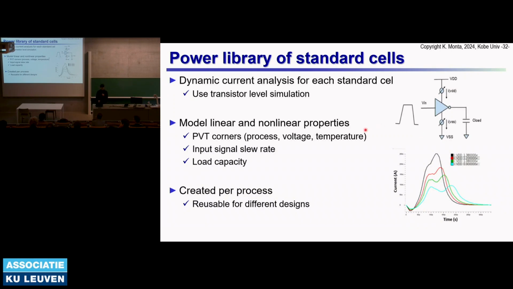This power library contains information on PVT corners, process, voltage, temperature corners, and also input signal slew rate and load capacity. It makes possible an accurate evaluation for the system level power noise evaluation.